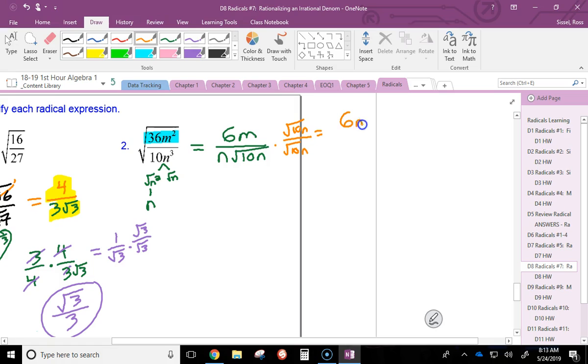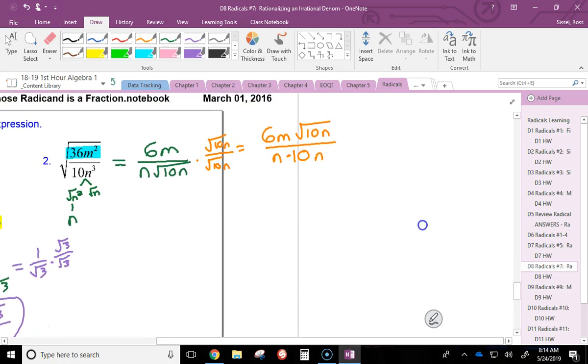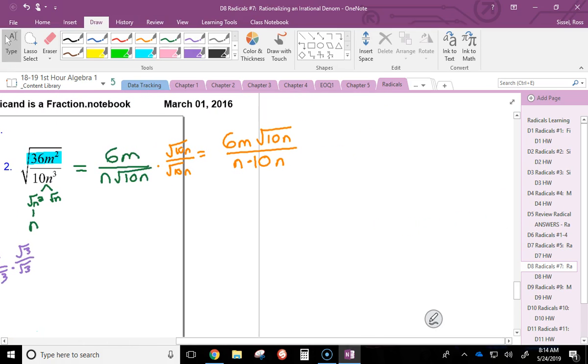Then I'd get 6m times 10 squared, and I'd get n. Are we adding? So we're multiplying.